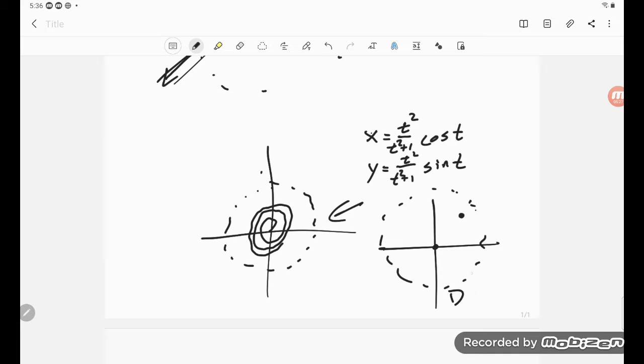When I get to pi, I'll get pi squared over pi squared plus 1. That'll be pretty darn close to 1, but not quite there.